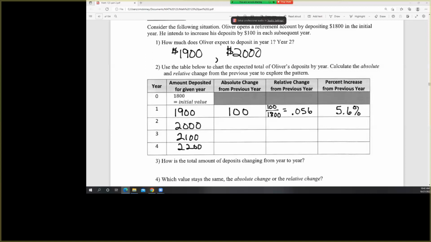So the absolute change, still another $100. But now when we figure out the relative change, now it's 100 with 1900, the year prior, as the base. So the relative change from the previous year, not from the very start. So it's just the $100 still, but over 1900. So we're going to see those decimals change.